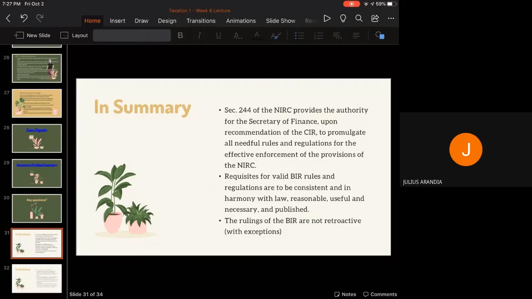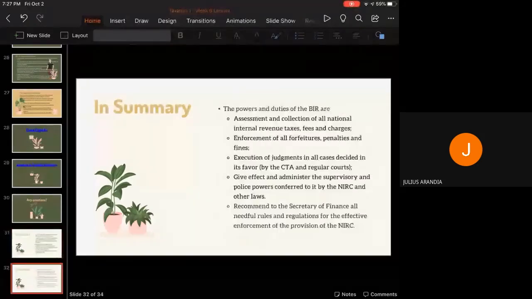As a rule, the BIR rulings are not retroactive, subject to certain exceptions. The powers and duties of the BIR: first, assessment and collection, enforcement of forfeitures, penalties, and fines, execution of judgments, give effect and administer the supervisory and police powers conferred to it by the NIRC and other laws, then recommend to the Secretary of Finance the rules and regulations for the effective enforcement of the provisions of the NIRC.